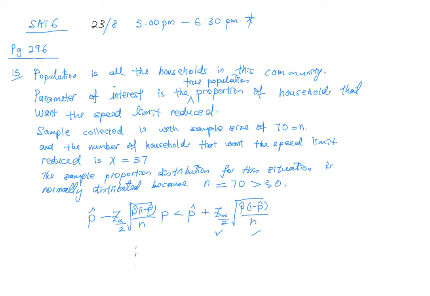Are you clear? So that is this parameter of interest. You are going to predict the population proportion of households that wanted the speed limit to reduce. And you get the confidence interval, then from there you make a judgment.